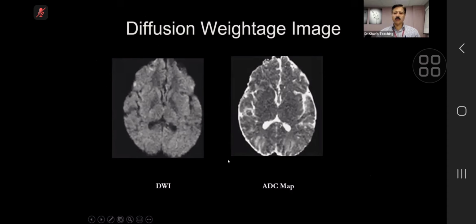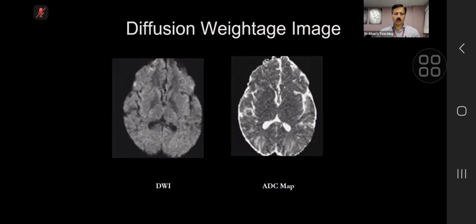So from here, we come to the diffusion weighted sequence. So we are going through the sequences and what is their use and what is their use for the exam, etc. And how are you going to pick it up? The diffusion weighted sequence, of course, is the king sequence as far as acute infarction is concerned.